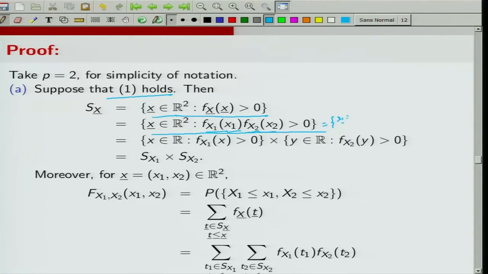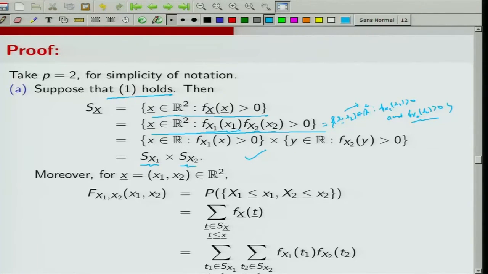So, this is the collection of all those (x_1, x_2) belonging to R^2 such that f_{X_1}(x_1) is positive and f_{X_2}(x_2) is positive. That is nothing but, looking at the first coordinate, the collection of all those x_1 such that f_{X_1}(x_1) is positive, which is S_{X_1}, cross the collection of all those x_2 belonging to R such that f_{X_2}(x_2) is positive, and then I take the cross product. So, what I observe is, if 1 holds, then S_X is the same as S_{X_1} cross S_{X_2}.